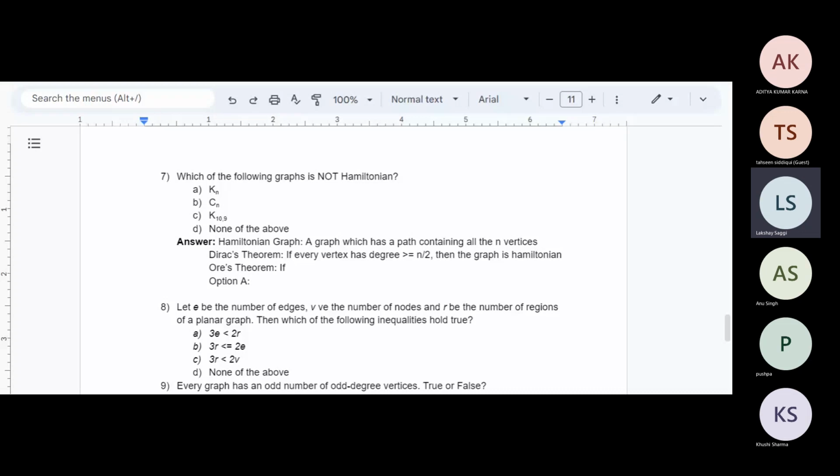Directly copying the statement is easier than me writing it out.